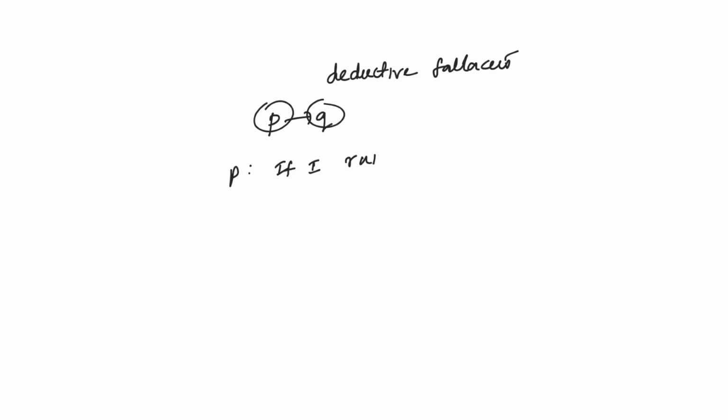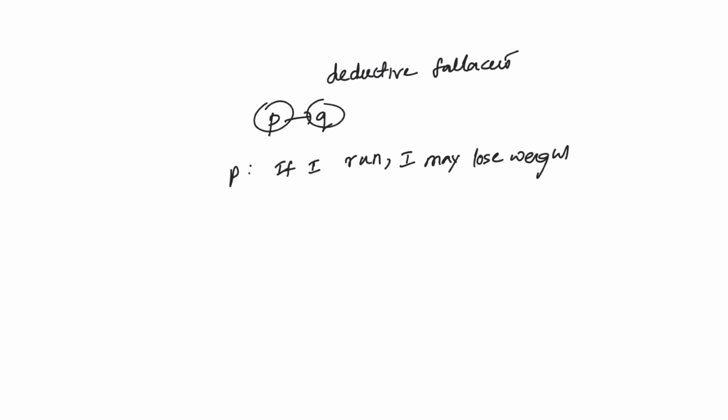Let's take a look into deductive fallacies. So let's say P implies Q. For example, P can be the premise: if I run, I may lose weight.